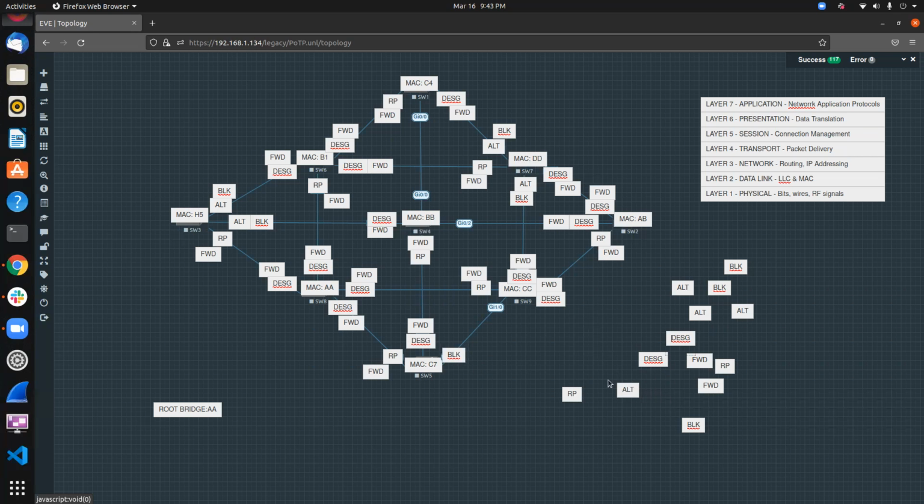Excellent. And what are we doing on switch 9? Switch 9, we're going to have that designated forward state. Why? In the event that something goes wrong, we need it to be able to move traffic through it. Meaning in the event that the state of C7 changes, we need traffic to be able to move through it.